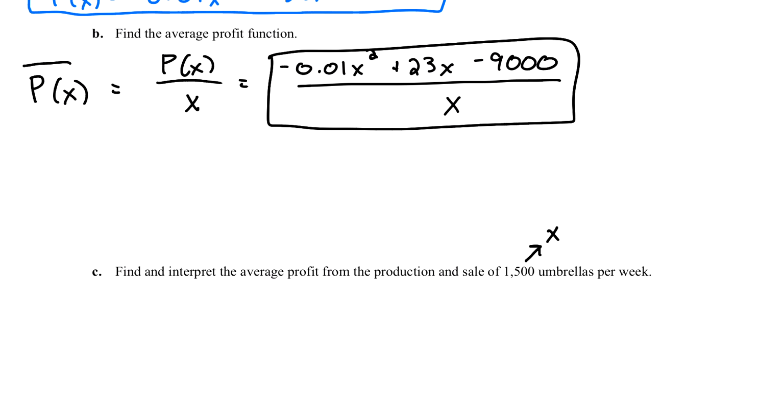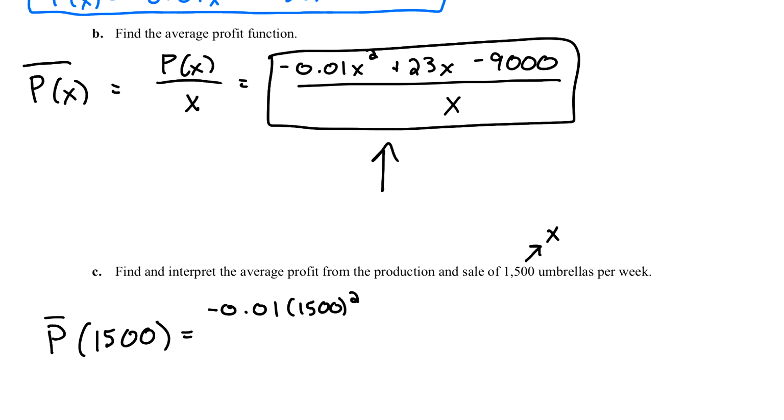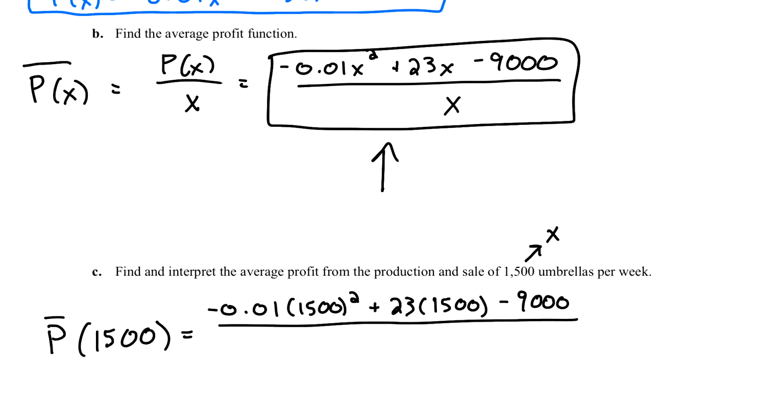So I'm going to take 1,500 and plug that into my equation for P bar that I found in part B. So P bar of 1,500 is equal to negative 0.01 times 1,500 squared plus 23 times 1,500 minus 9,000, and then divide that result by x, which is 1,500.